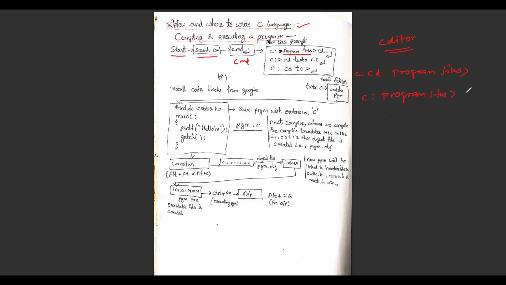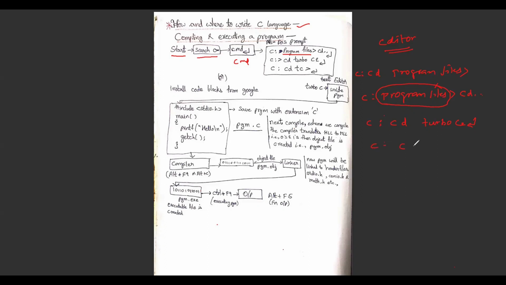Then afterwards you need to say cd dot dot, so you come out of this. It will be c. Now this will be removed, because your Turbo C2 will be present, not in program files. Then you type cd turbo c2 and press enter.